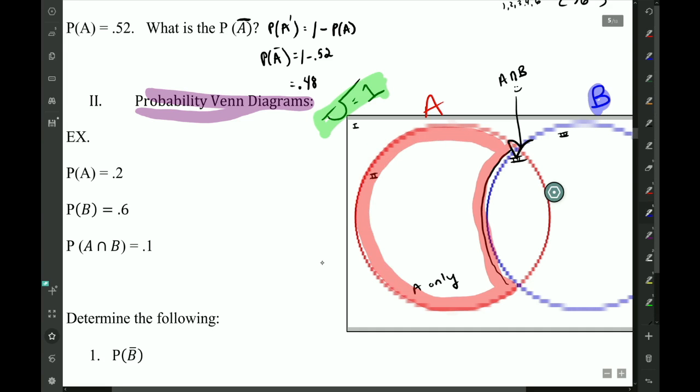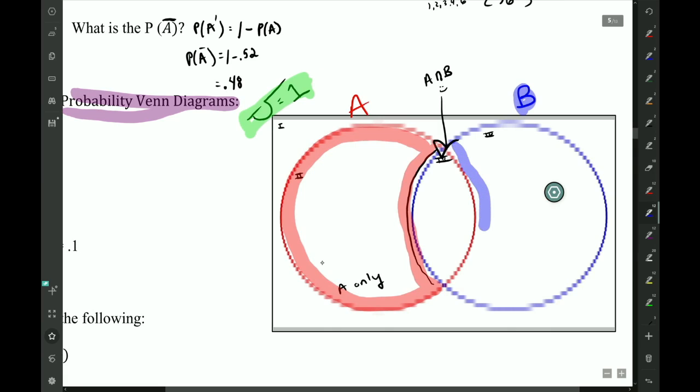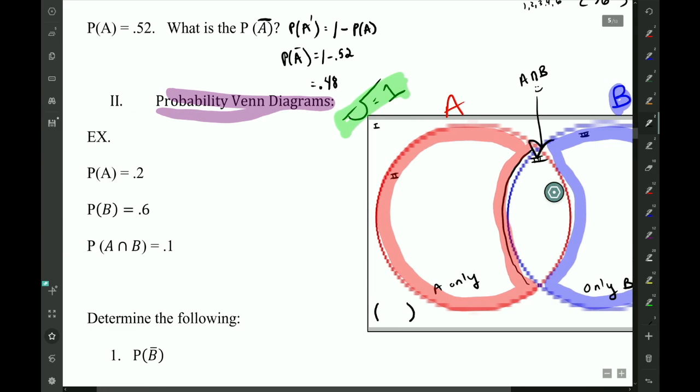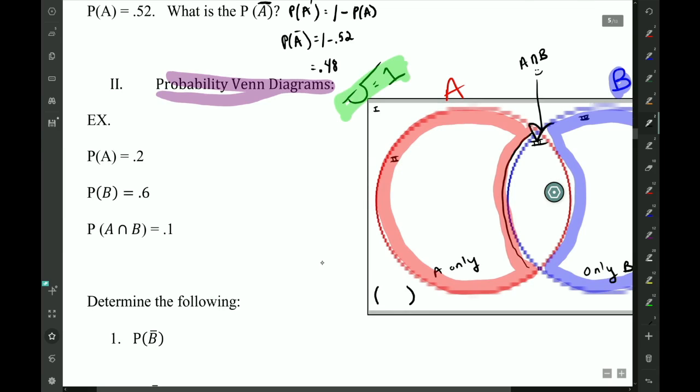In blue here is only B. And outside here is actually the probability that neither happens, so this is the probability of A union B not.